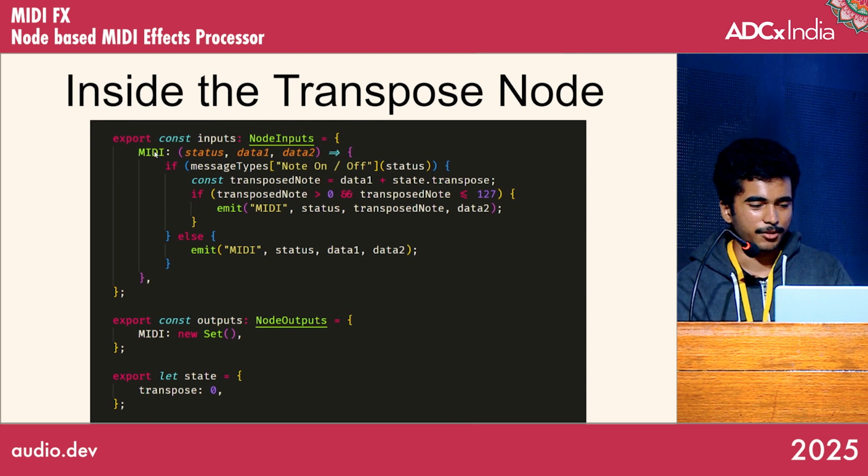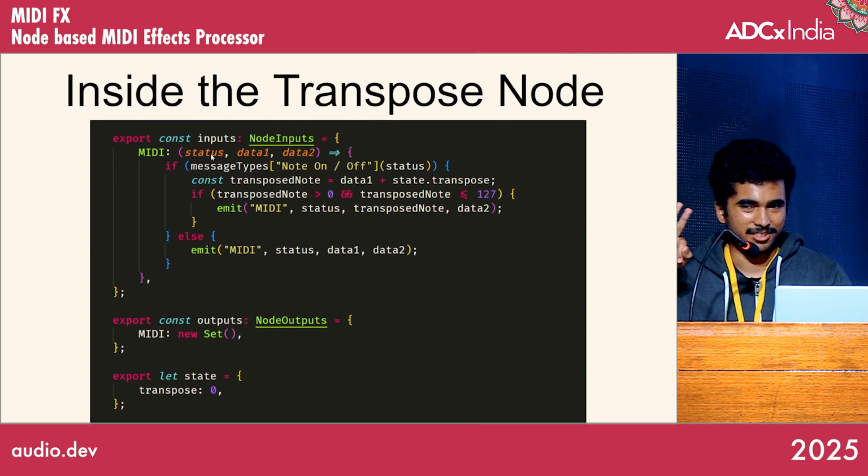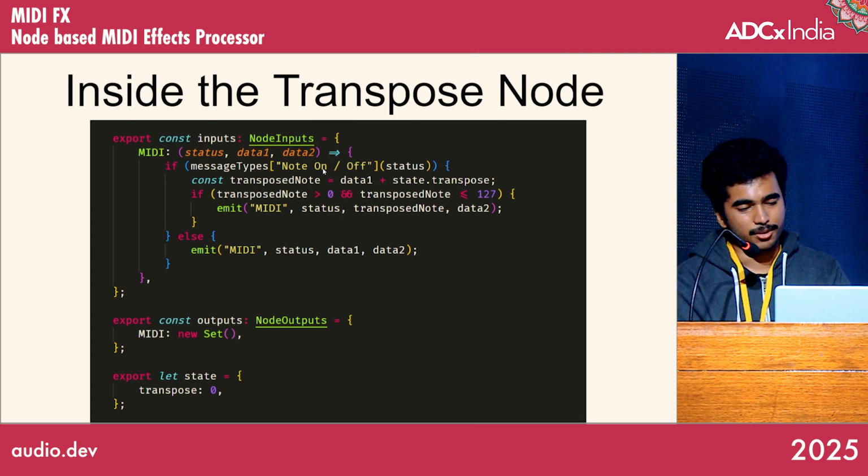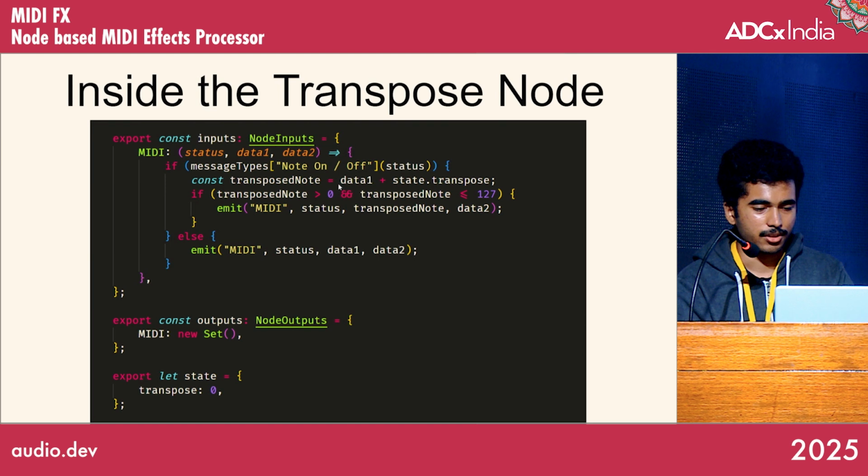Now, every input is actually just a function that takes in 3 bytes, the status, data1, data2 bytes from MIDI. Then we just check, is this a node on off message using the status byte? If it is, we figure out what's the transposed node by taking the node that was supplied to us and figuring out what is the transpose value, which is stored as a state variable.